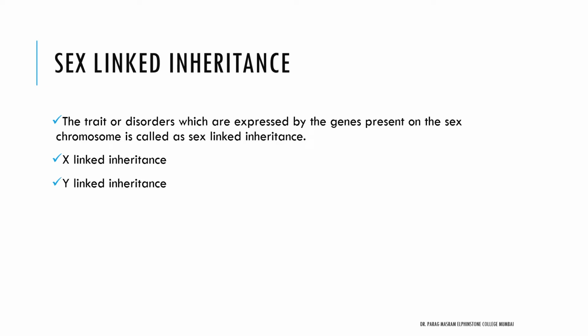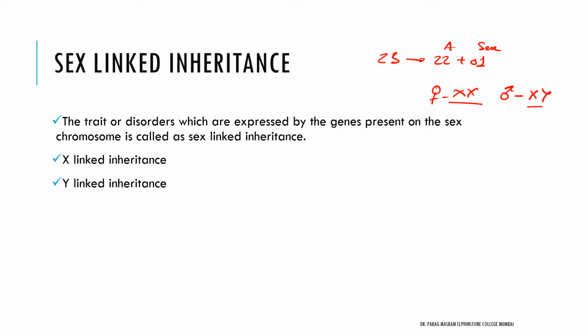So, those genes which are present on the X chromosome, as we have seen, there is a pair of sex chromosomes. Of the total 23, we have 22 autosomes and one pair of sex chromosomes. In case of the female, that is XX. In case of the male, that is X and Y. So those are the sex chromosomes present in female and male.